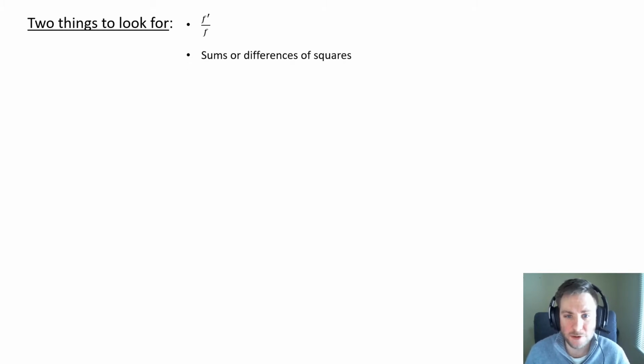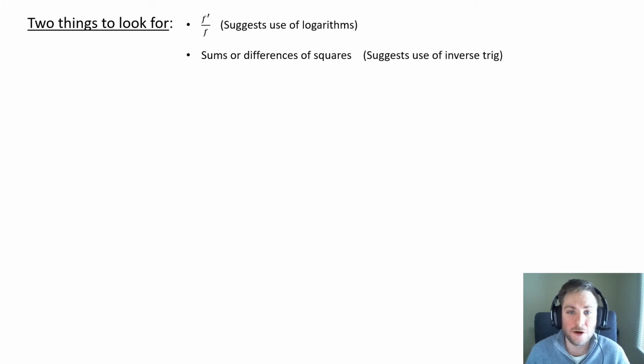There are two important things I've suggested you always be looking out for when finding antiderivatives. One of those things is the structure of f prime over f, and the other is sums and differences of squares. We've seen that the f prime over f integral suggests the antiderivative becomes a logarithm, and the sum and difference of squares suggests using one of the inverse trig formulas, either arcsine, arctan, or arcsecant.